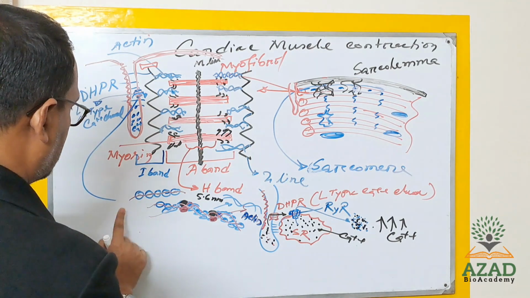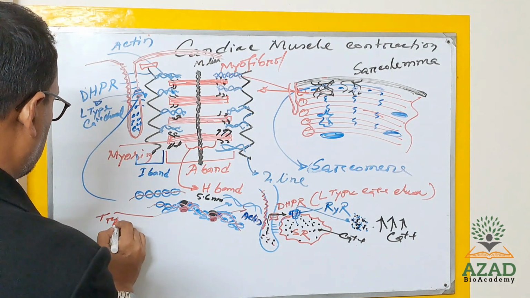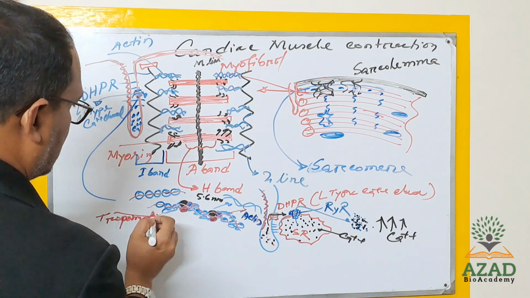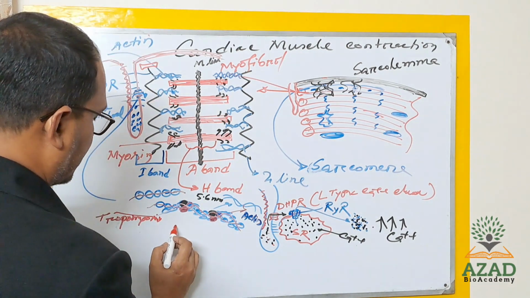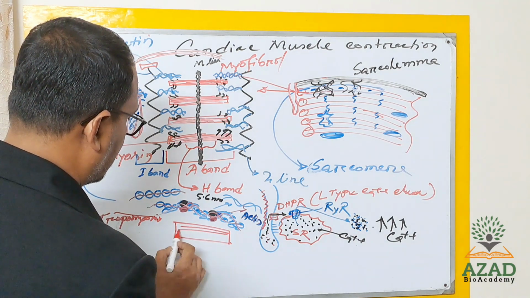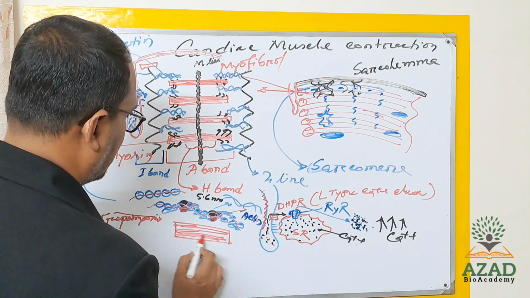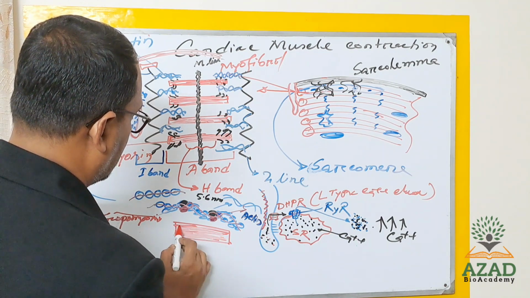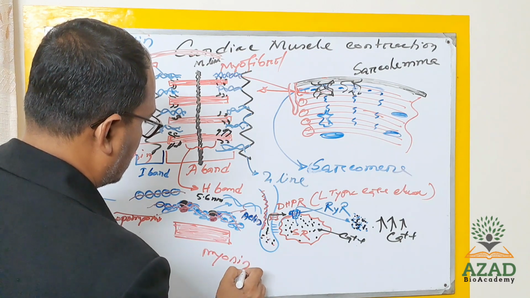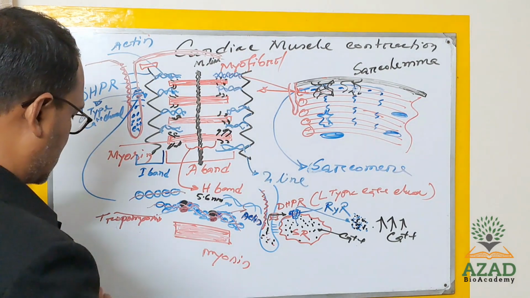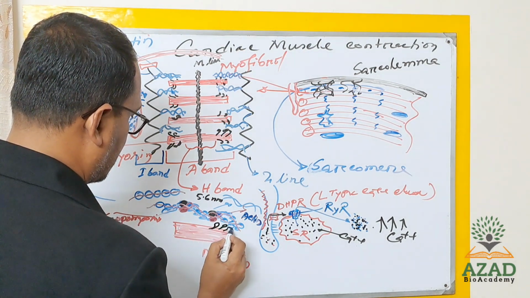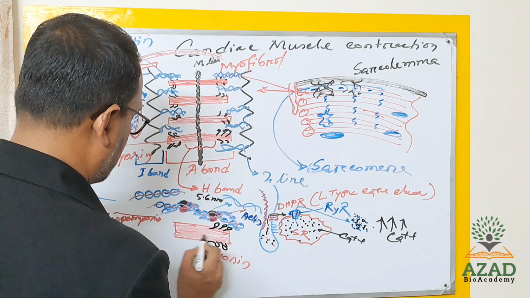Here I write tropomyosin. Here is a thick filament, that is myosin, and myosin has the myosin head.